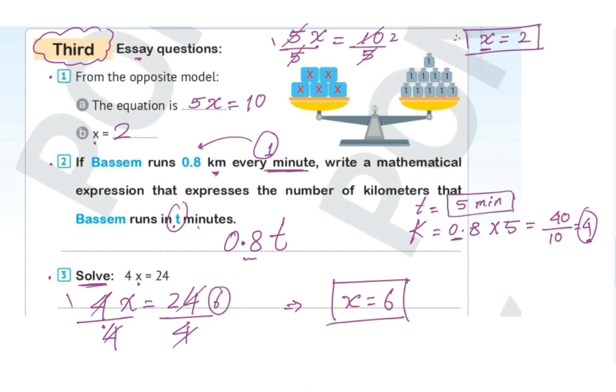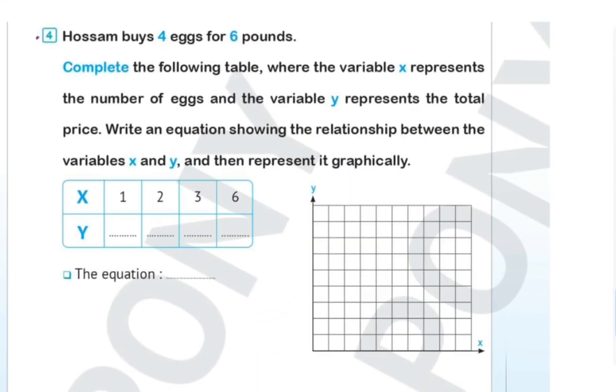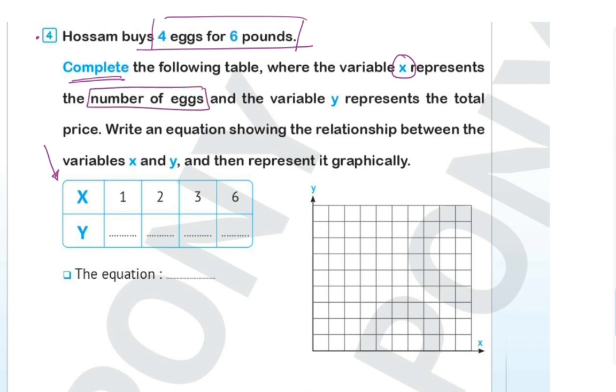Go to the next point, number 4. Hussam buys 4 eggs for 6 pounds. Note with me this relation: 4 eggs for 6 pounds. Complete the following table, where x represents the number of eggs and y the total price.